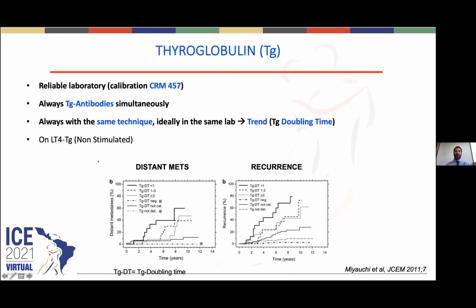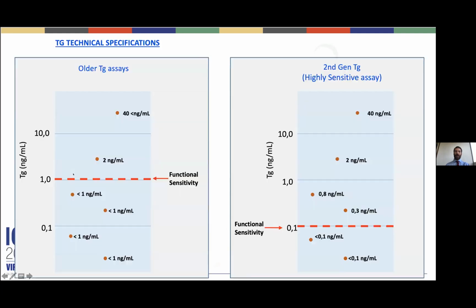Nowadays, with the information that we have, we know that thyroglobulin can be measured non-stimulated, using levothyroxine. Before, with the older techniques of thyroglobulin, we knew that in patients who had thyroglobulin less than 1, we could not know about patients who had mildly elevated thyroglobulin levels.